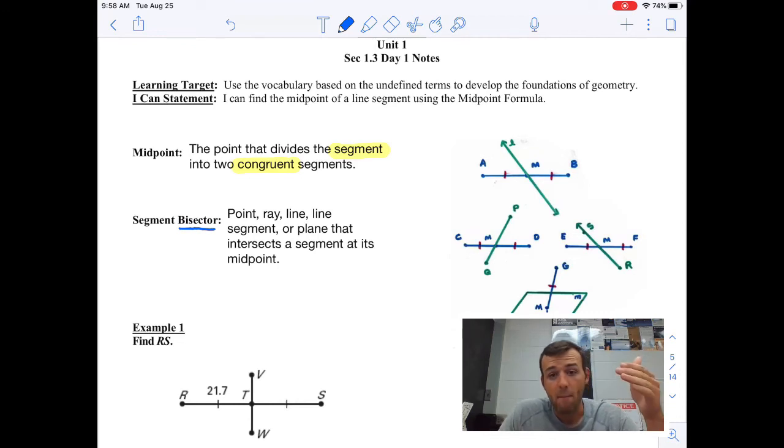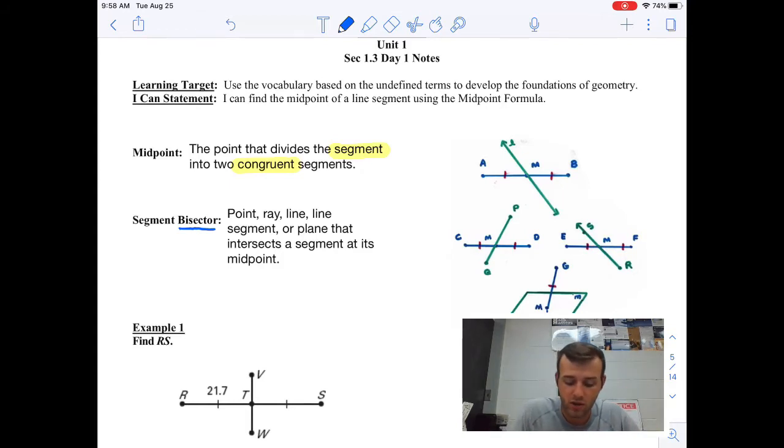So a bisector is something that intersects something at its middle. A segment bisector then is something that intersects a segment at the middle. A bisector, I want you to think, cuts something in half. It doesn't matter what that something is. In geometry, it could be a point, it could be a line, it could be a plane, it could be a line segment, it could be a ray. It doesn't matter as long as it's cutting the segment in half. It is a segment bisector.